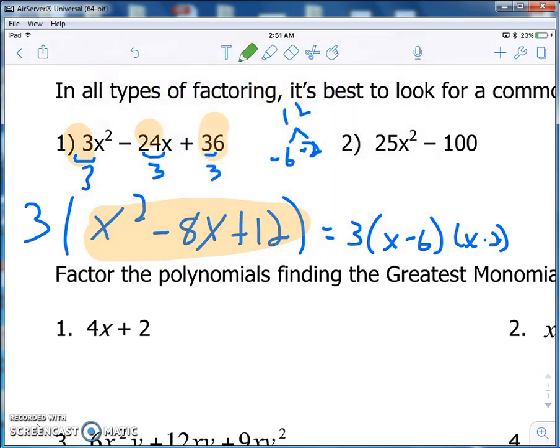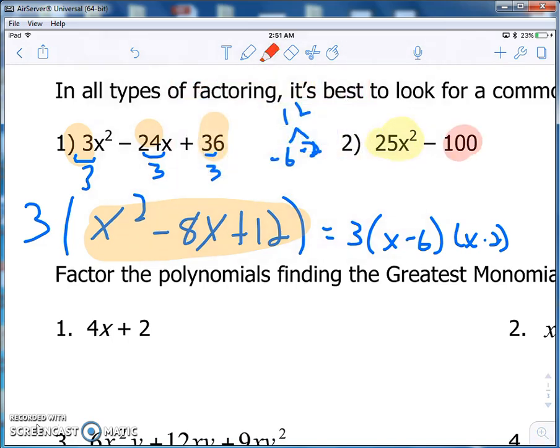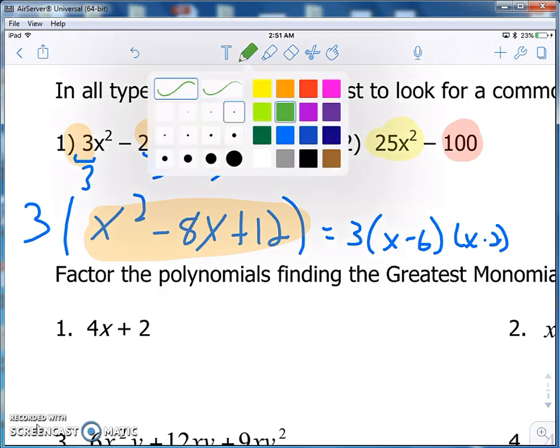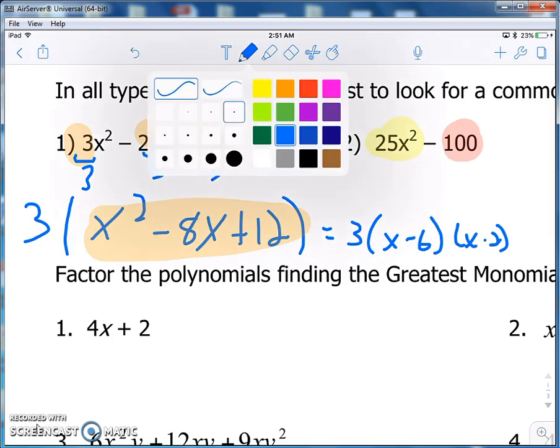I'm going to go relatively quickly through these, so feel free to pause and rewind as needed. Looking at number 2, we notice that we have 25x squared, which is a perfect square, and 100, which is a perfect square. But while it's factorable the way it is, we can also factor out a 25.